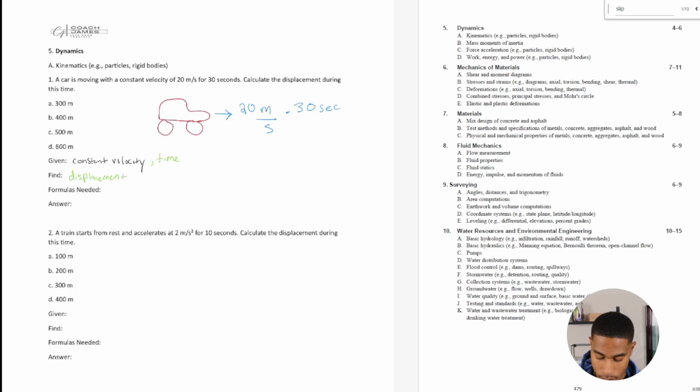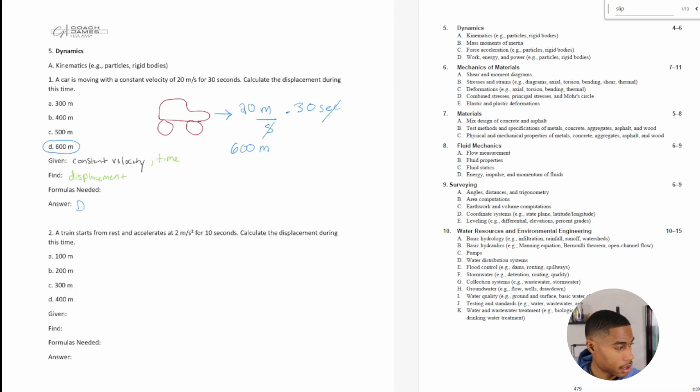So each second it is moving 20 meters. So 20 times 30 gives me, and notice that these units cancel, and we're just left with 600 meters. So this really wasn't super complicated. Nothing did really trick you up. But you do need to make sure that your units are correct. So this answer is going to be D.